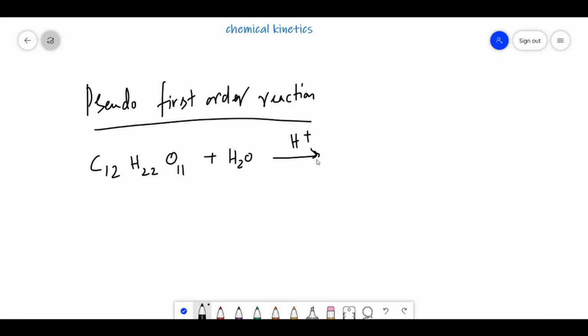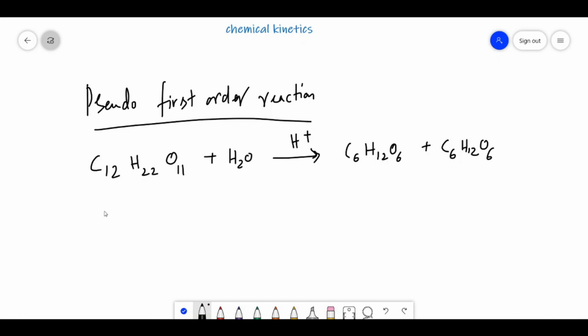In the presence of acidic medium, we get glucose and we get fructose. And this is an example for pseudo first order reaction.